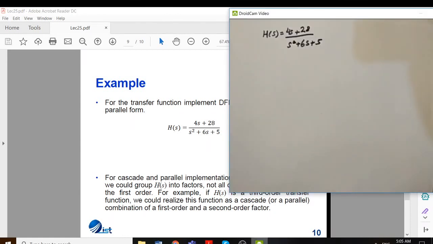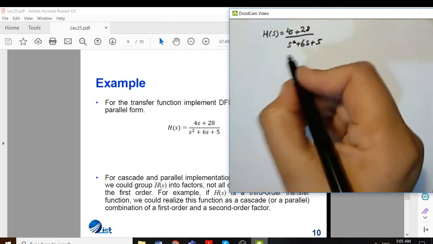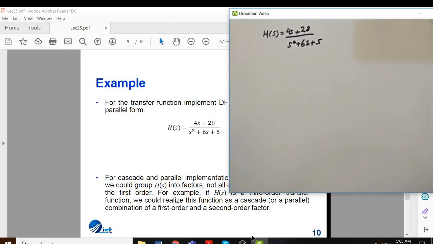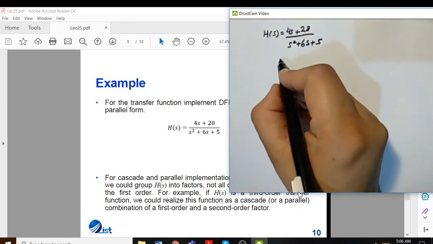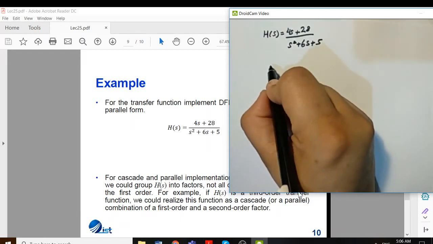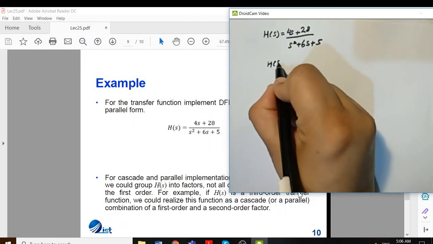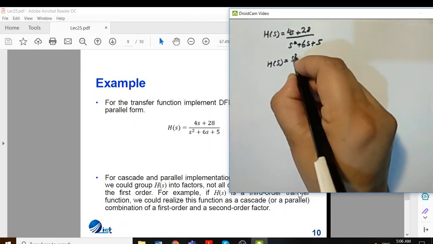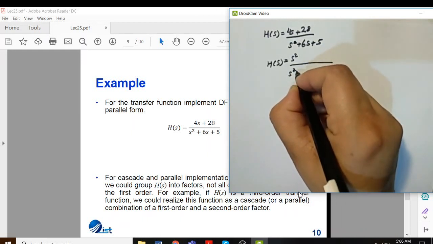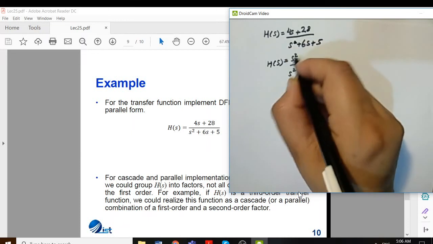The transfer function is given by H(s) = (4s + 28) / (s² + 6s + 5). For the first step, we have to take s common so that this transfer function can be expressed in terms of 1/s rather than s. So H(s) is equal to, I take s² common from both numerator and denominator, because the highest order of the equation is 2, or the order of the system is 2.